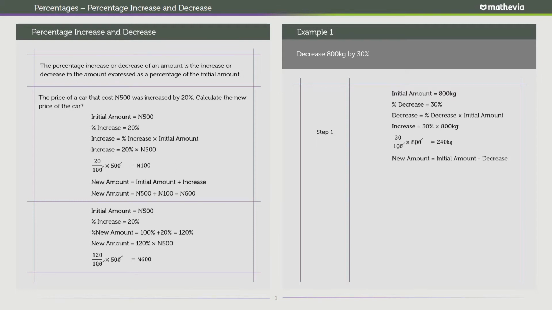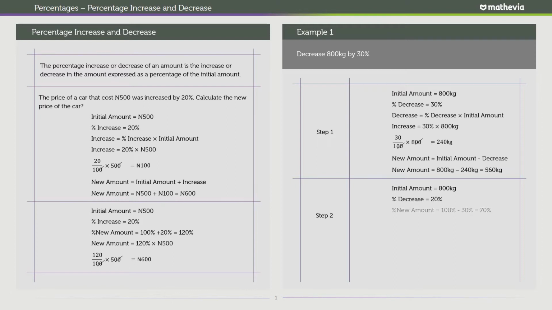Now, since we've been told that it was decreased by 30%, and we've found that 30% is 240 kilograms, to find our new amount, we just subtract that decrease from the initial amount, and what we have at the end is 560 kilograms.